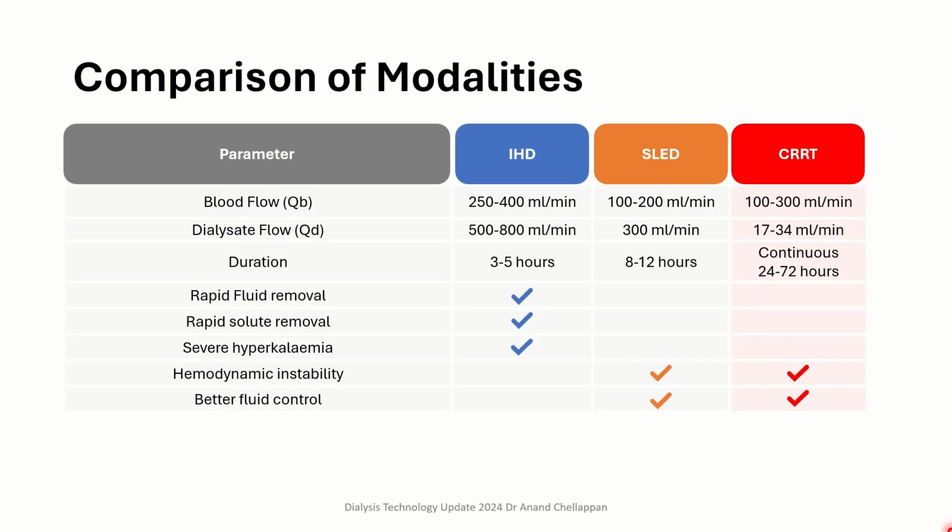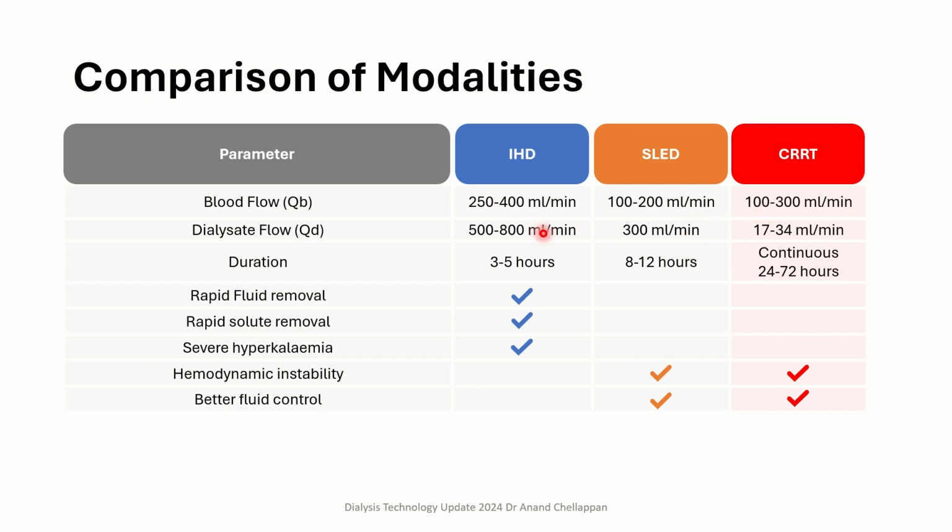Now let us compare the three modalities: intermittent hemodialysis, slow low efficiency dialysis, and CRRT. The typical blood flow in intermittent hemodialysis is 250 to 400 ml per minute, whereas in SLED it is usually 100 to 200 ml per minute, and in CRRT also it is usually 100 to 300 ml per minute.